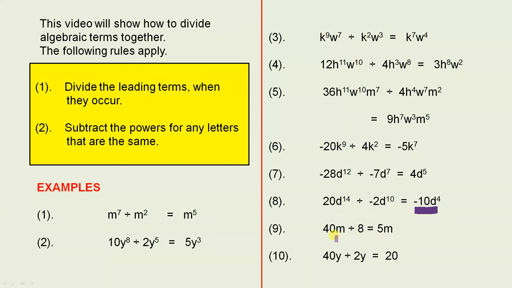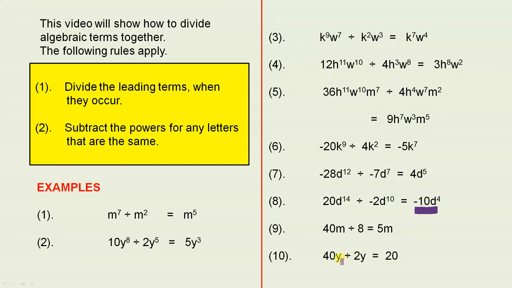Over here, you can have this term here, which is a leading term and a letter, and you can just divide that by a number. That's fine. 40 divided by 8 gives you 5, and then you write down the letter. And for the last one, for the leading terms, 40 divided by 2 is 20, and then y divided by y is 1. Y divided by y gives you 1.